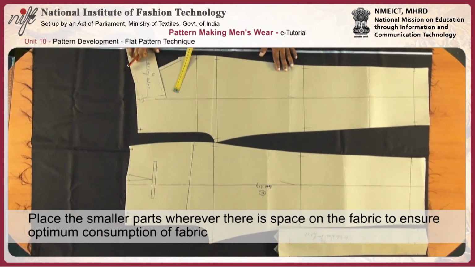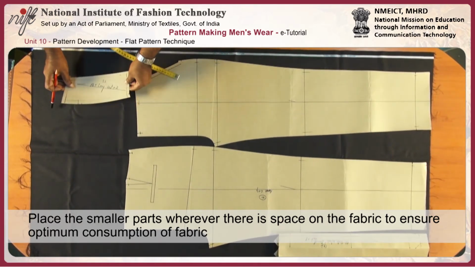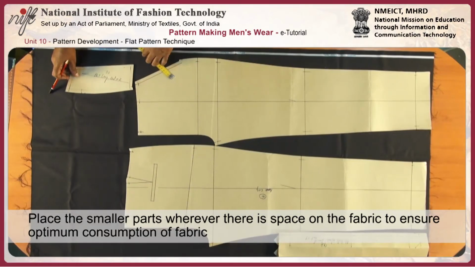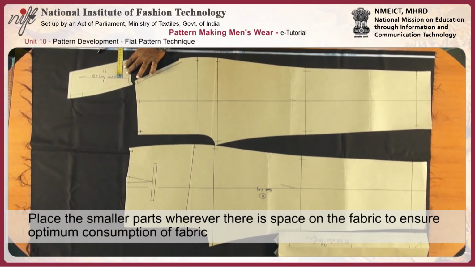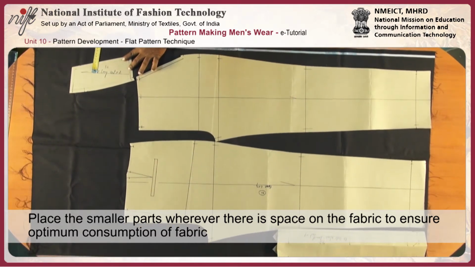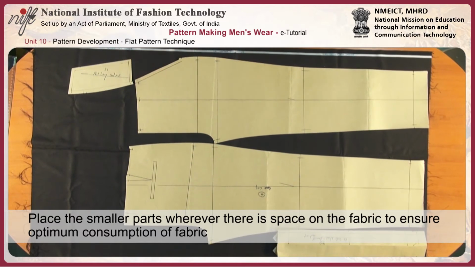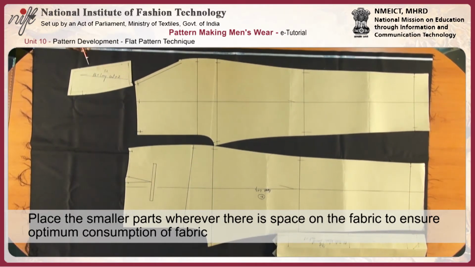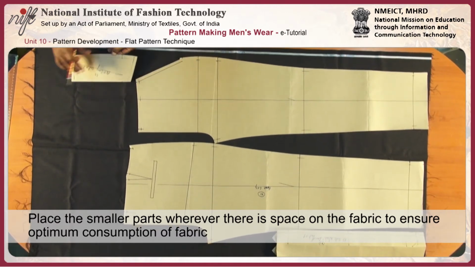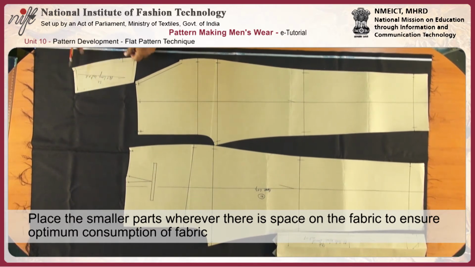I should try in another place, which can be considered here, but the consumption is going to be more. So if you place it here, this grain line is parallel to selvage, or you can place it in this direction.